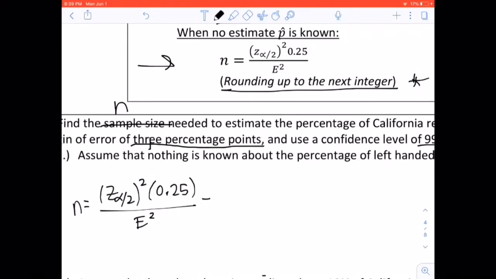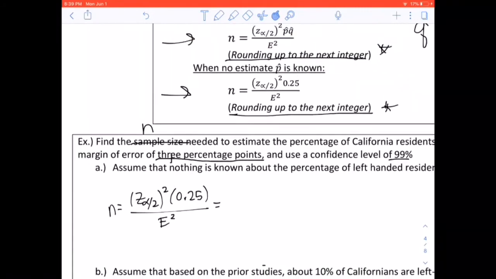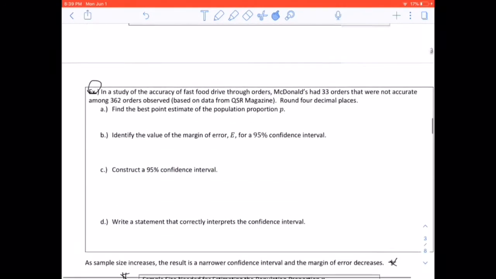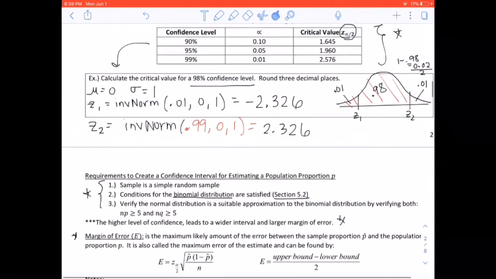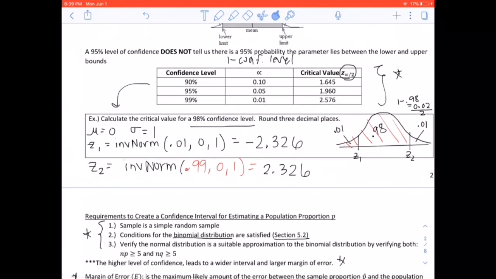And in order to get our z alpha over 2, we are going to go back and look at our table since we are dealing with 99% confidence. At 99% confidence, our z alpha over 2 value is going to be 2.576.